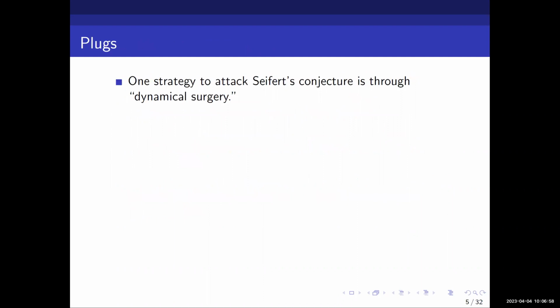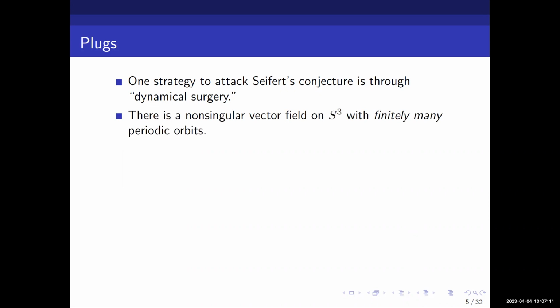So the way that people attacked the Seifert conjecture, if you're trying to disprove it, you're trying to come up with a flow that has no periodic orbits. You might try to do it in a local fashion. First of all, you can take a vector field on S3 that has finitely many periodic orbits.